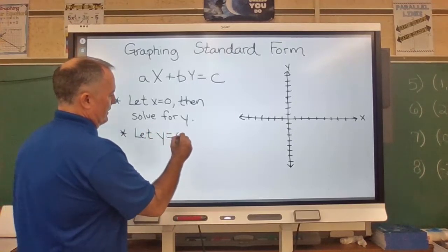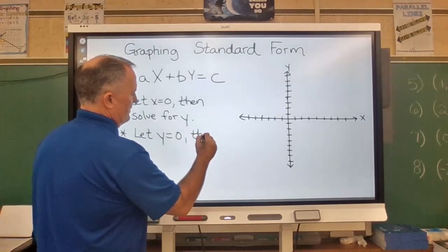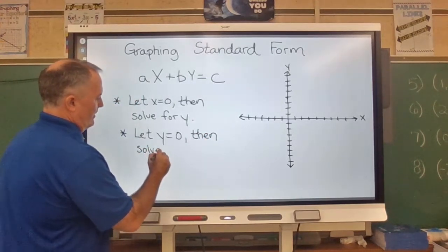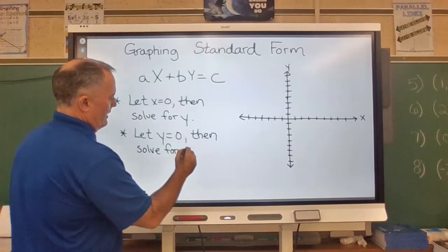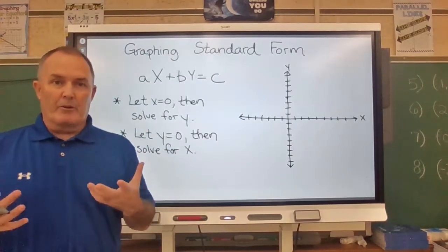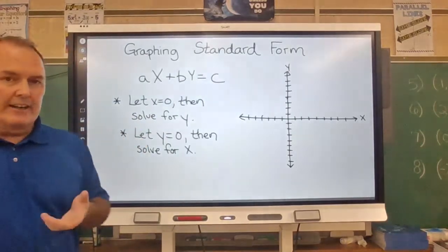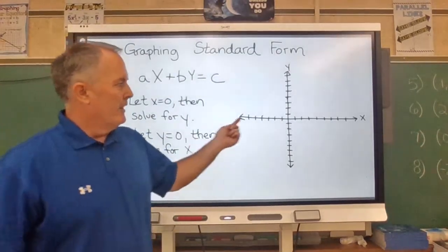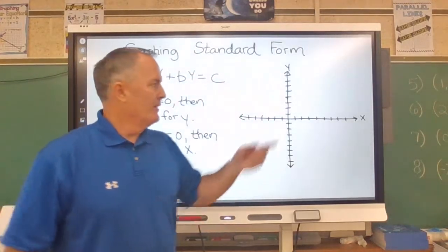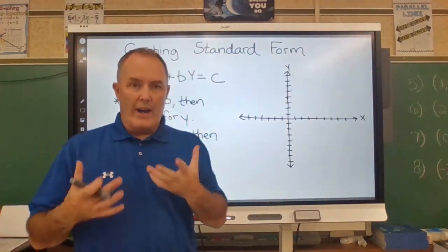Let y equal 0, then solve for x. All right, we're going to do both of these things, and we're going to be able to graph it, because this will allow us to find the x-intercept where the line touches the x-axis, and the y-intercept where the line also is going to touch the y-axis.